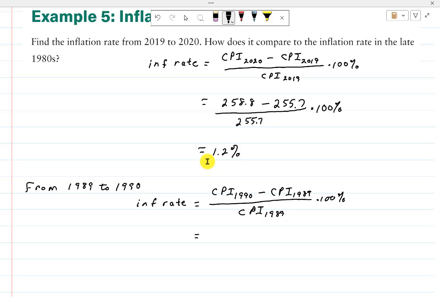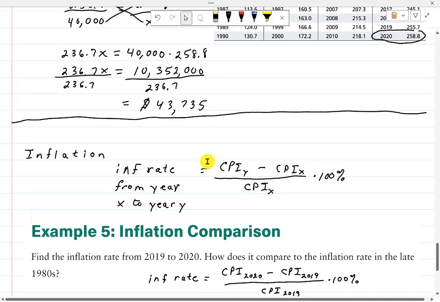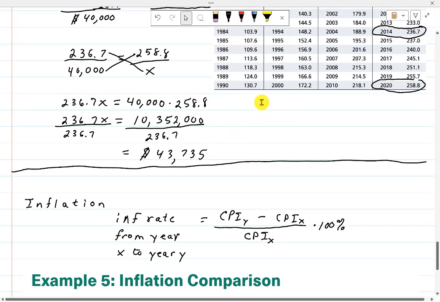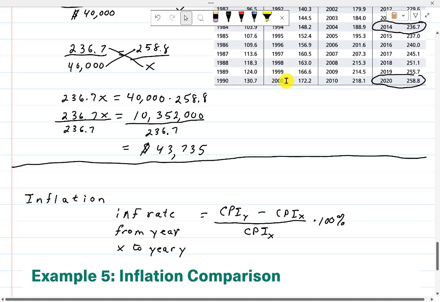Let me get those numbers. The CPI from 1990 is 130.7, and the one before it was 124.